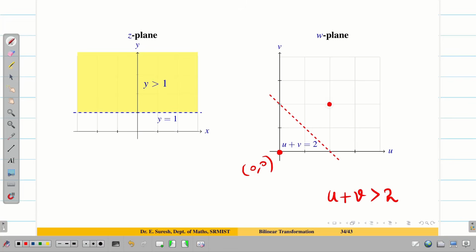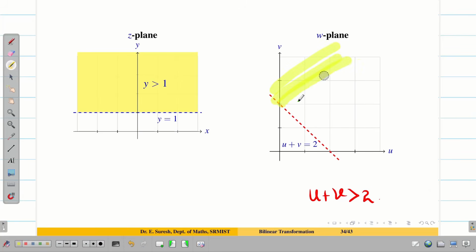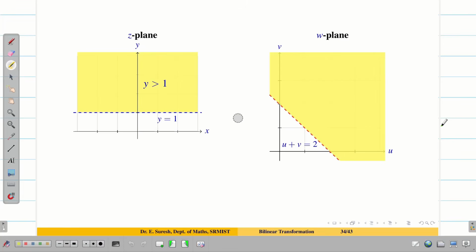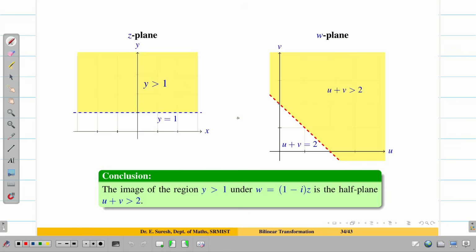But suppose if you take a point here (2, 2), it is greater than 2. (3, 3), it is greater than 2. It means u plus v greater than 2 is represented like this. So any point above the line u plus v equal to 2 will come under the category u plus v greater than 2. Hope you understand, students.